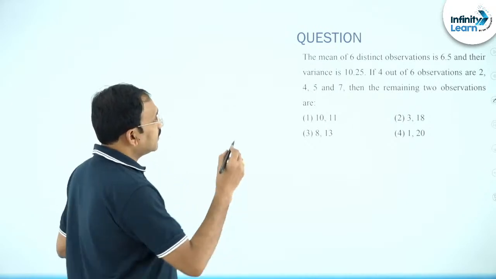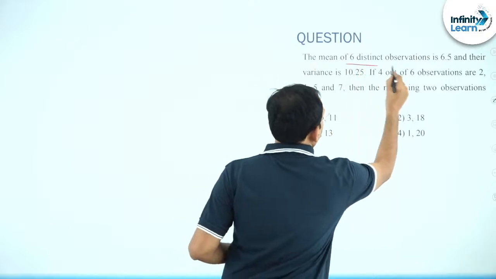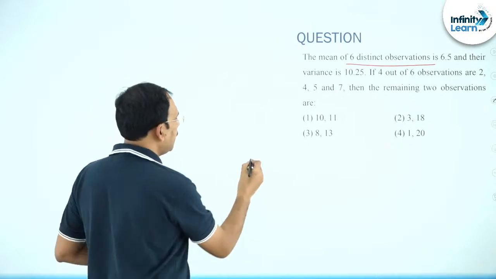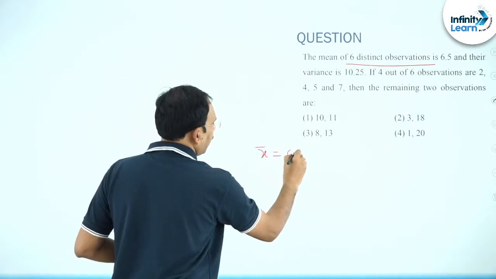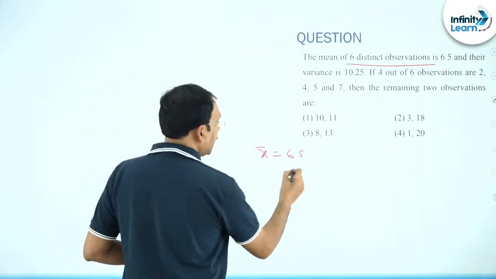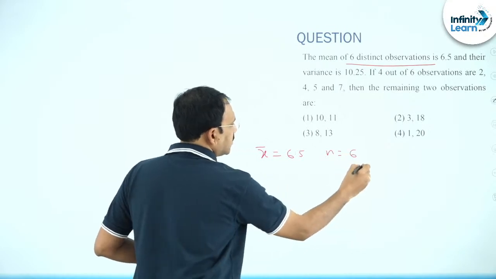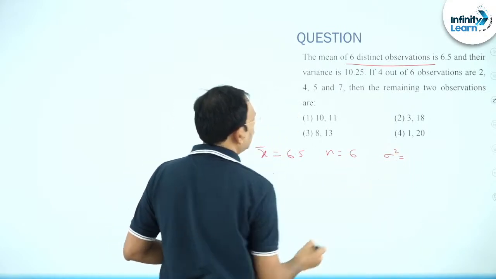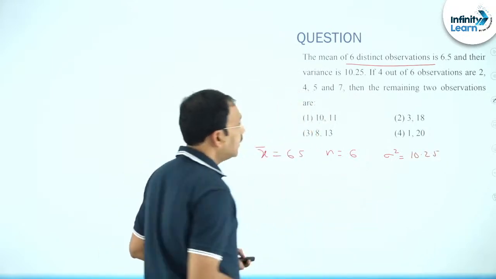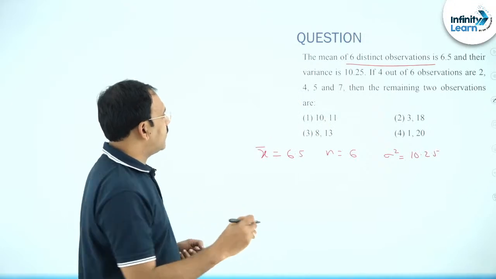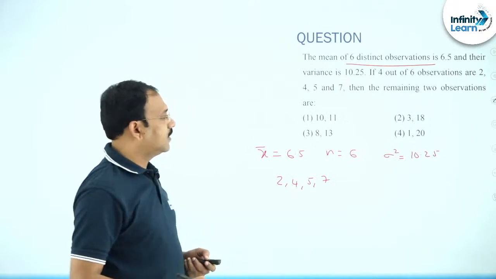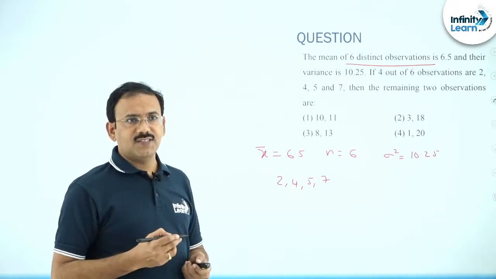The mean of 6 distinct observations is 6.5, and their variance is 10.25. Then 4 of the 6 observations are already given: 2, 4, 5, 7. Find the other 2 observations.